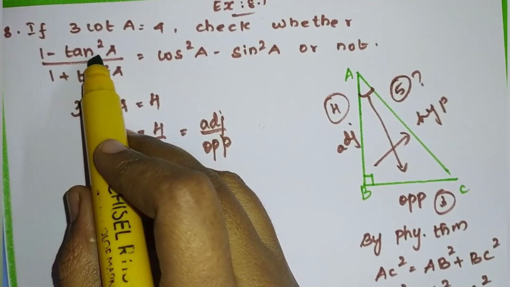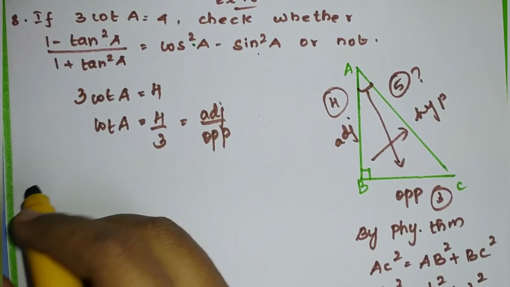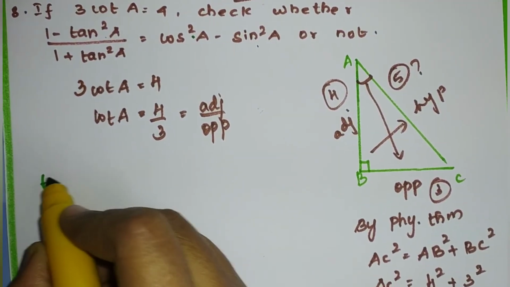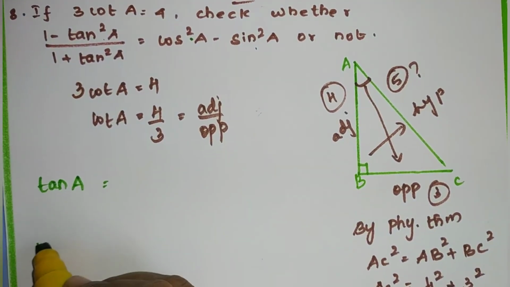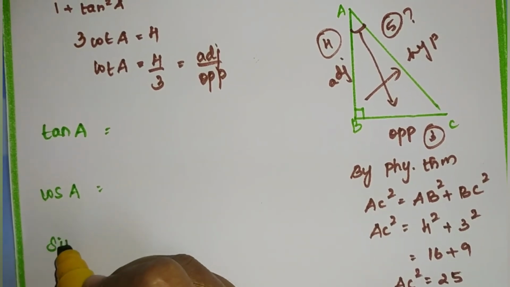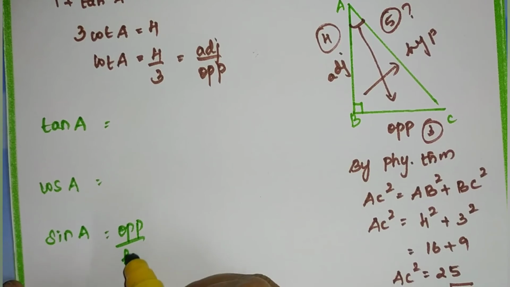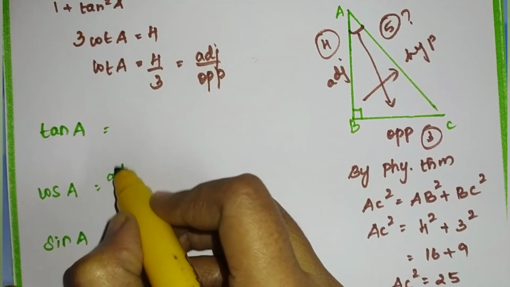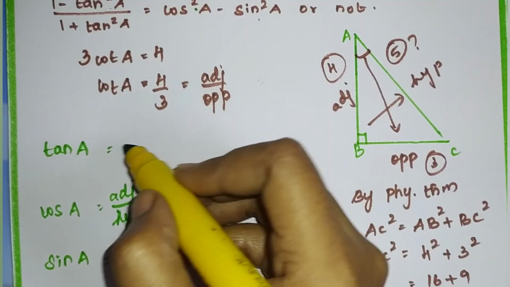You have to find tan A, cos A, and sin A. First find everything. Sin A formula is opposite by hypotenuse. Cos is adjacent by hypotenuse.